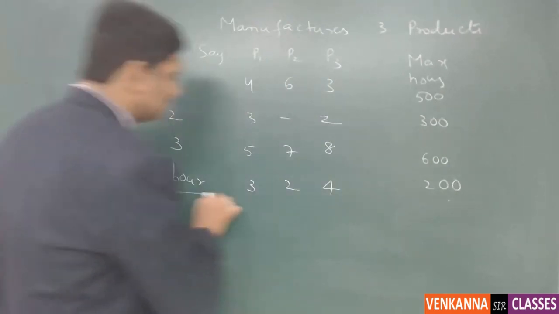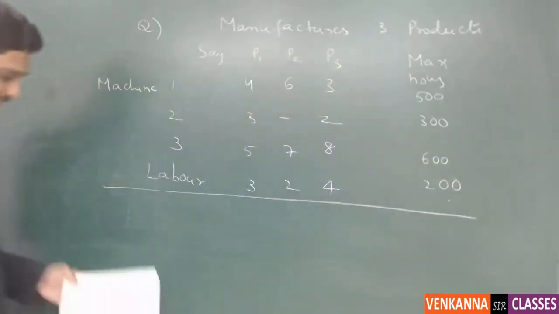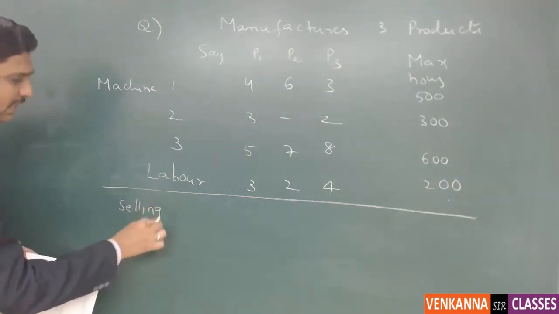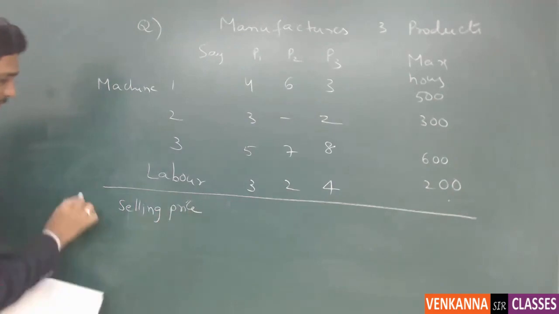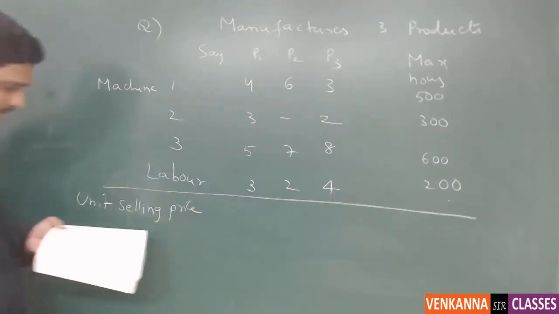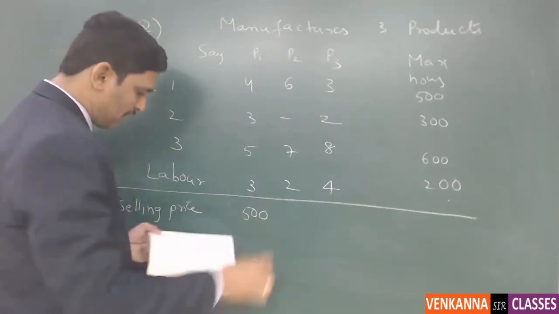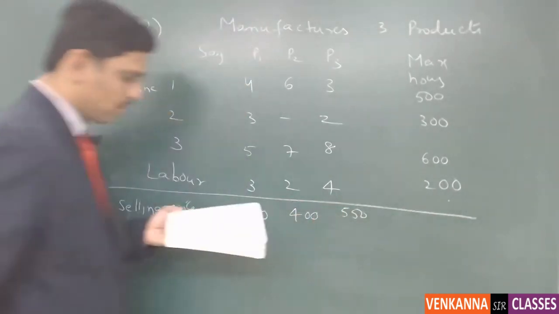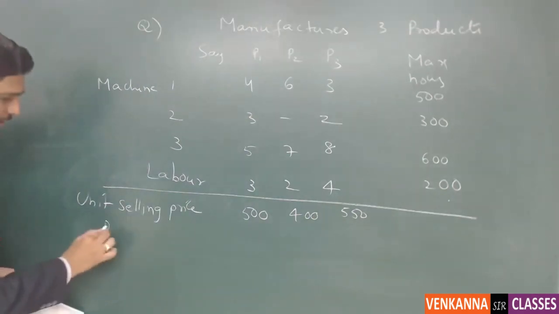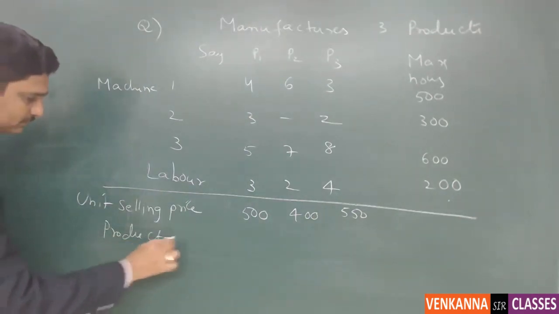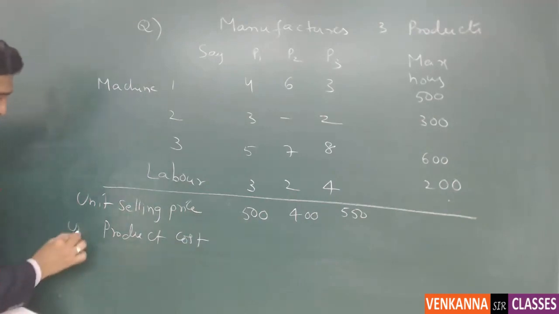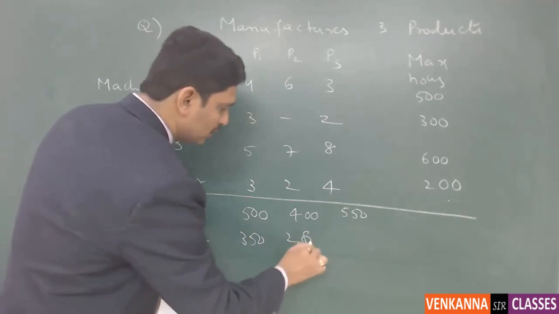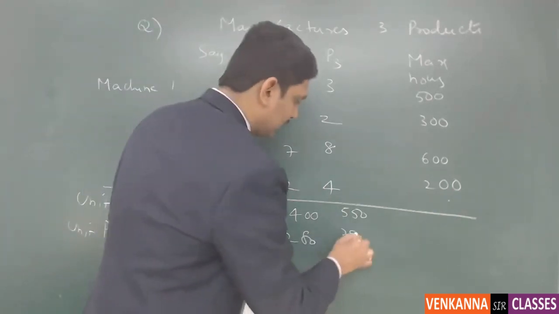And at the end, it is given that the selling price of the unit is 500, 400, 550, and the unit product cost is 350, 280, and 390.